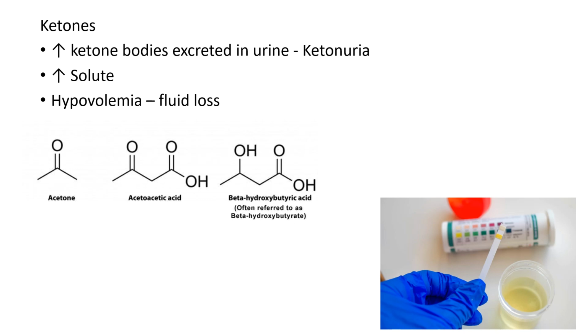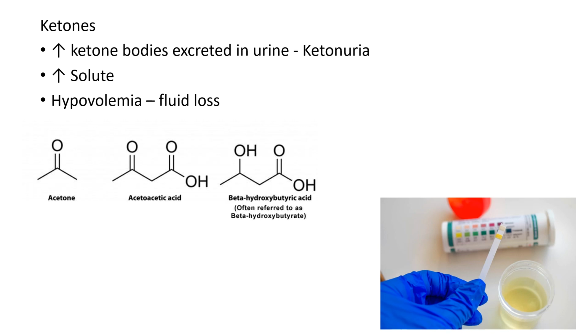So as you increase solute, you're going to increase water to try to dilute the solute. So as you increase water to the urine, you're going to pee even more. All right, so all of that loss of water is called hypovolemia.